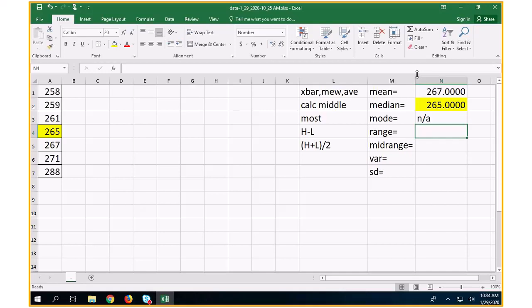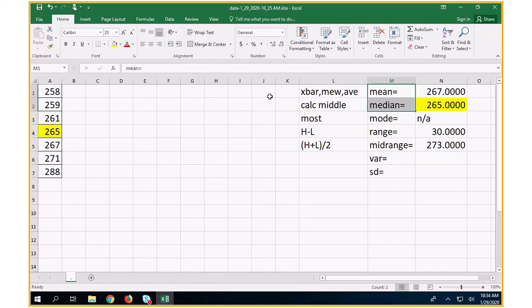Don't put 0, put none, N-O-N-E. Make it a word. Range is your highest minus the lowest. Mid-range is the highest plus the lowest, or the lowest plus the highest, because addition is commutative. And that's your mid-range.